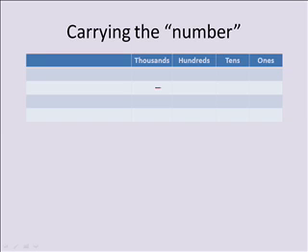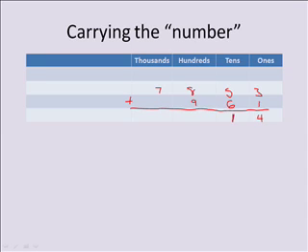Let's do another example problem. Let's do 7,853, and we're going to add that to 961. Again, notice that I lined everything up nice and neat: my ones with my ones, thousands with thousands, hundreds with hundreds, and tens with tens. Adding only one digit in each place value, 3 plus 1 is 4. 5 plus 6 is 11.